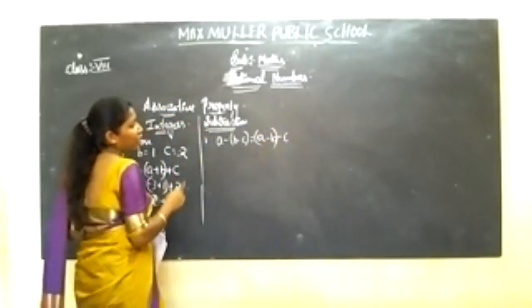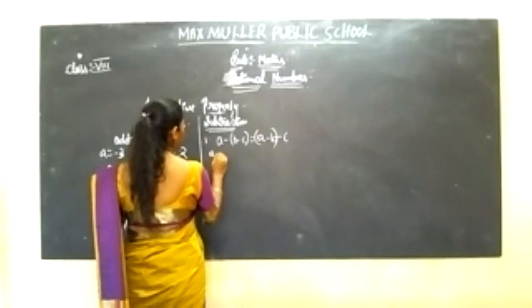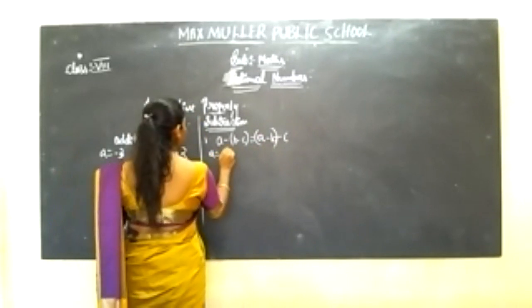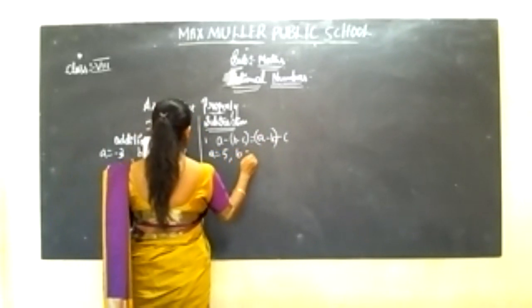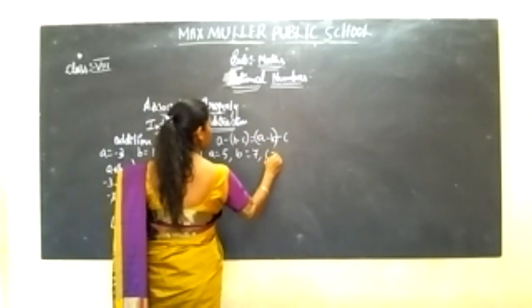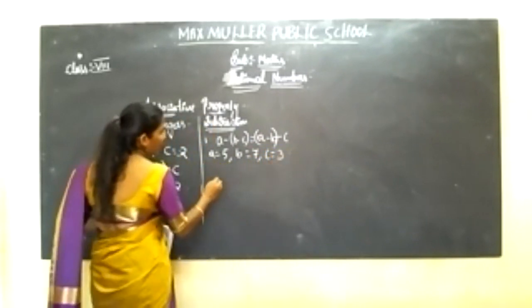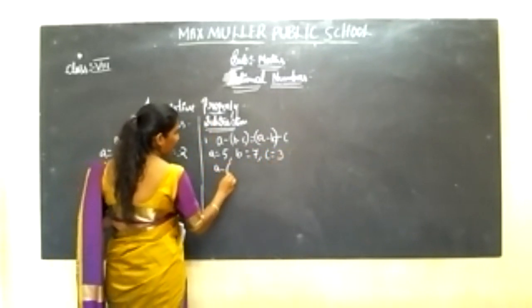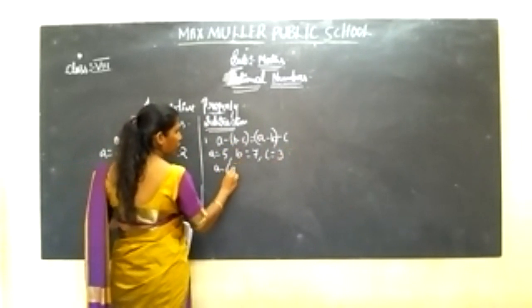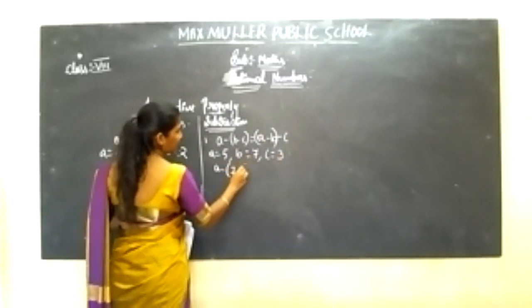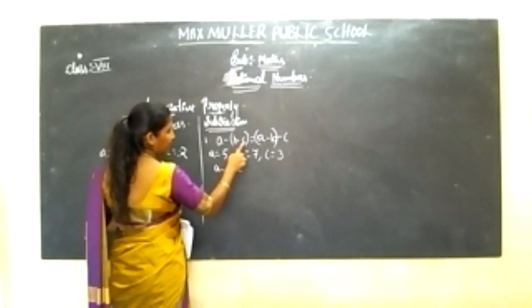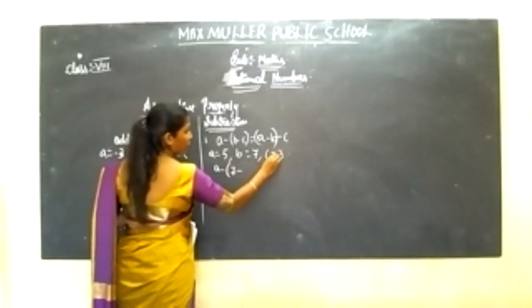But here you have to put the bracket. So let me take the example of A is equal to 5, B is equal to 7 and C is equal to 3. So here, in place of B you have to substitute 7 minus, and you take here minus 3.